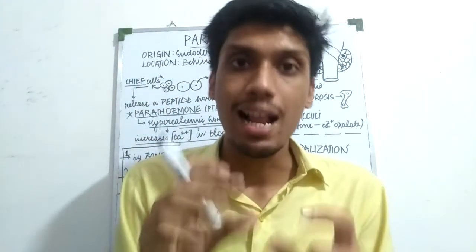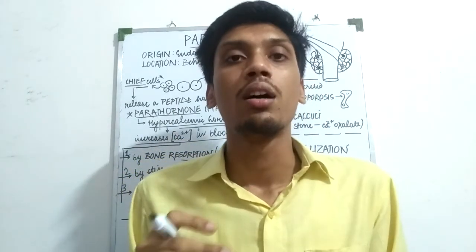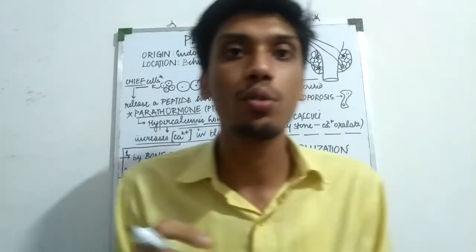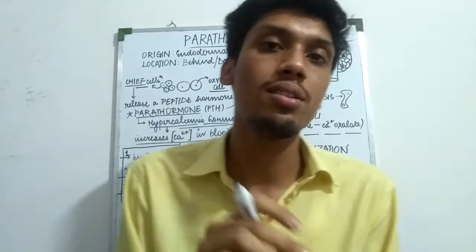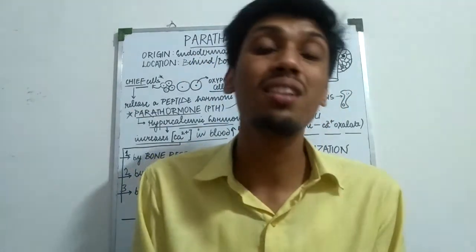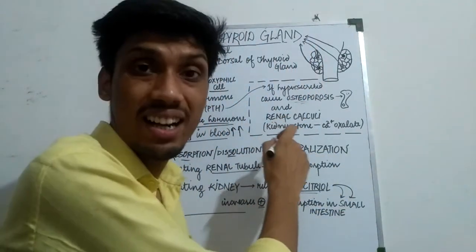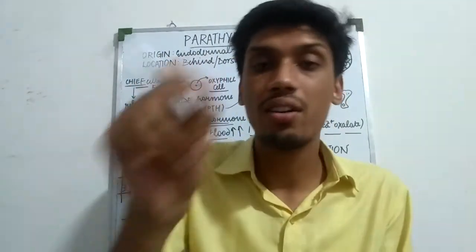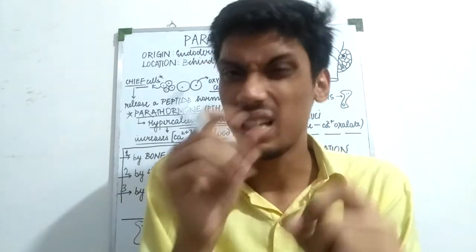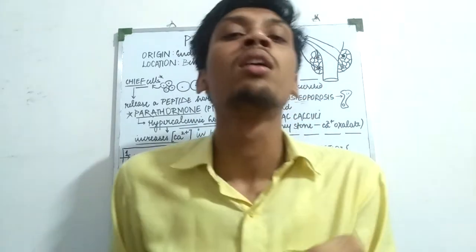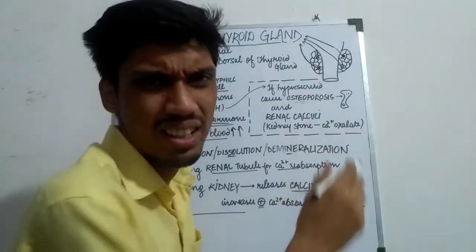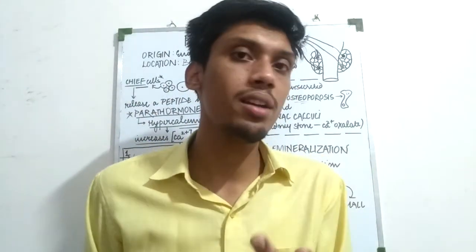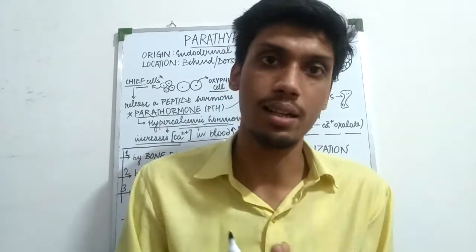The major cause for formation of stones in our body is calcium deposition. If too much calcium is in the blood, it will cause stones in the kidney. It always gets filtered in the kidney, then it starts depositing and forms a stone, and that stone is chemically nothing but calcium oxalate salt. So two conditions: osteoporosis and renal calculi.